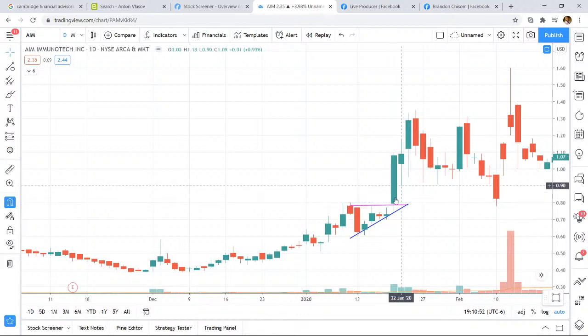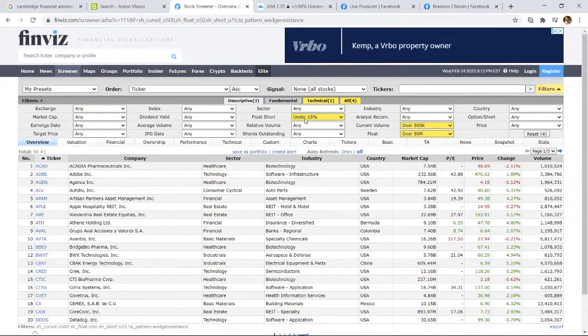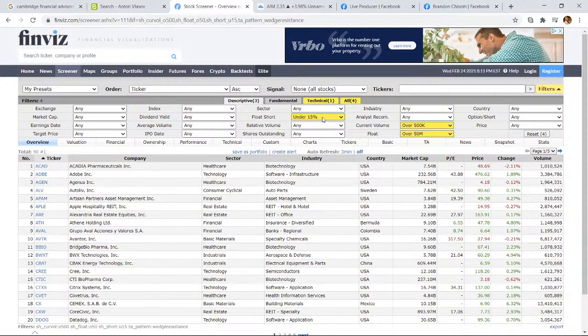And I believe this day the company came out with a news catalyst, and that was the match that lit the fire for the stock price to move higher and to cause a short squeeze. So the float that's short, you want to have it under 15%.